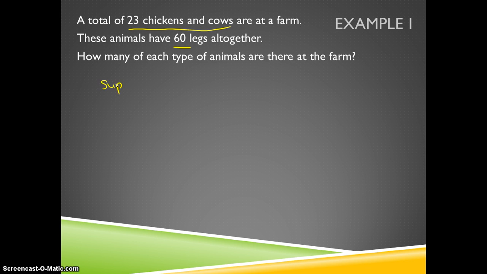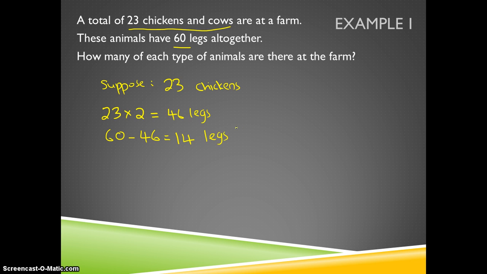I'm going to suppose that there are 23 chickens altogether. If I suppose that there are 23 chickens, a chicken has 2 legs each, I will have 46 legs. But that is different from what I should be having. So let me find out what the excess is. What is the extra number of legs? I will have 14 legs, and these are the excess.